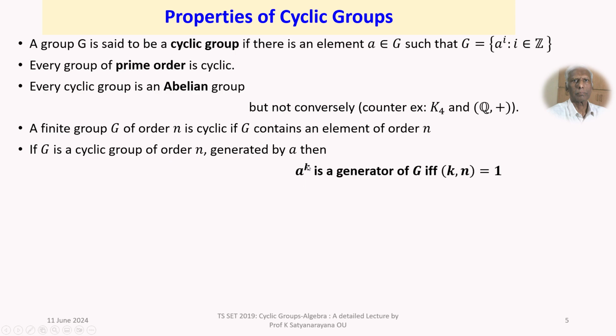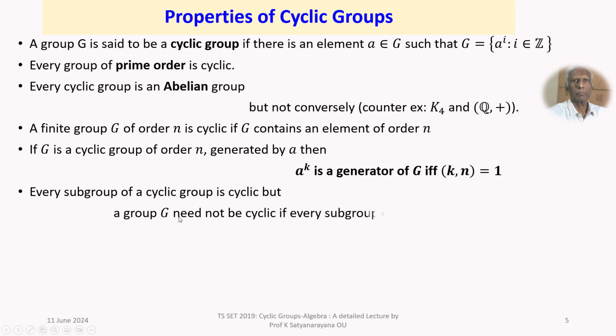Then a^k is also a generator of G if and only if the GCD of k with n is 1. Agreed.